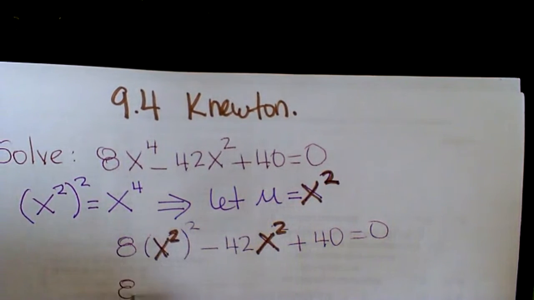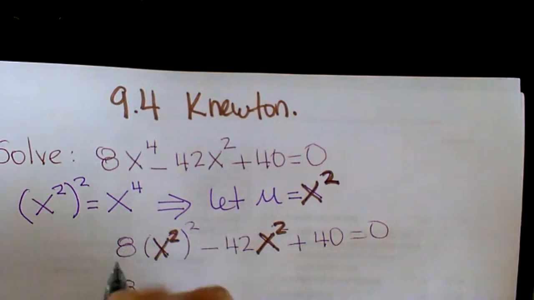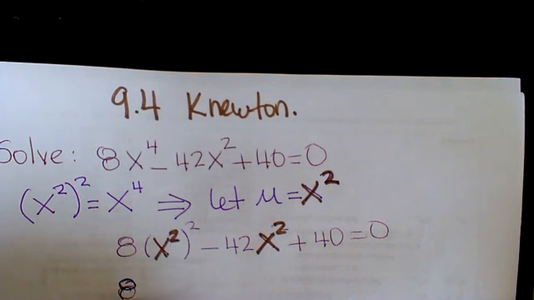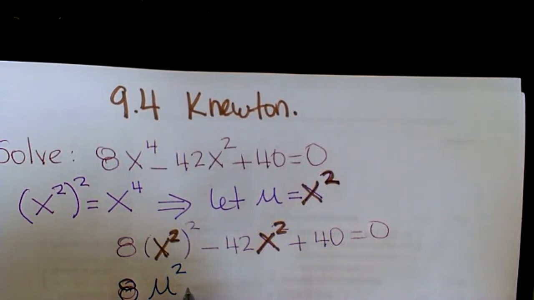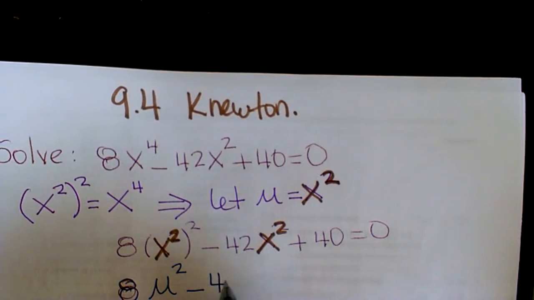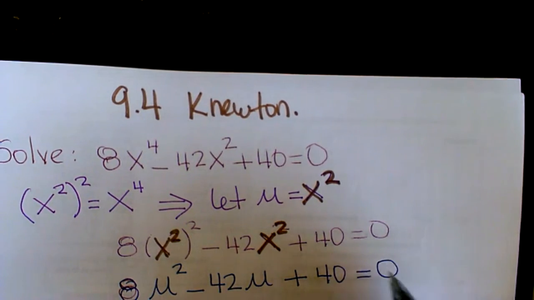So 8, this is getting to the end. It's going to be u squared minus 42u plus 40 equals 0.